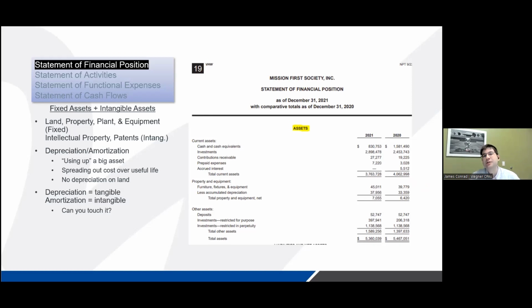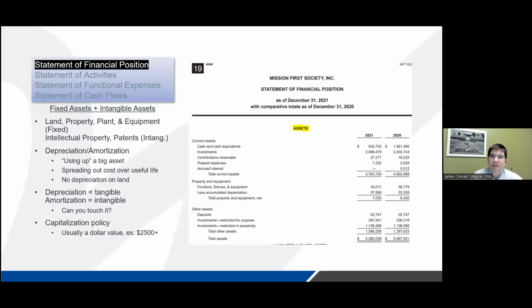And the difference between depreciation and amortization is tangibility. Can you touch it? If you can touch it, it's going to be depreciated. If it's something like a patent, it's not really a solid matter, it's intangible, it's going to be amortized. So can you touch it is the rule. And then most, if not all, organizations are going to have a capitalization policy they need to follow, and it's usually a dollar value.